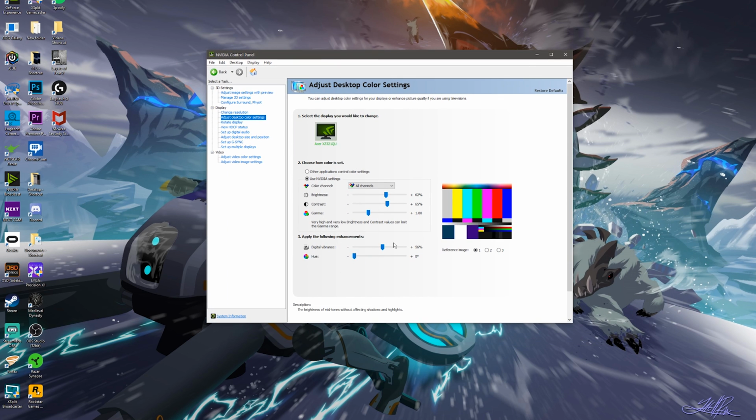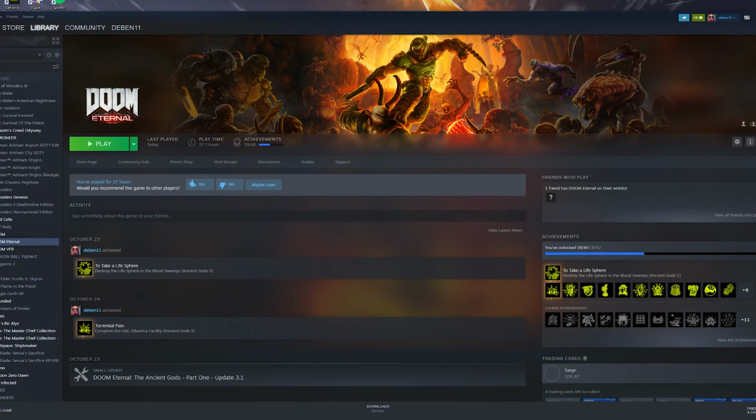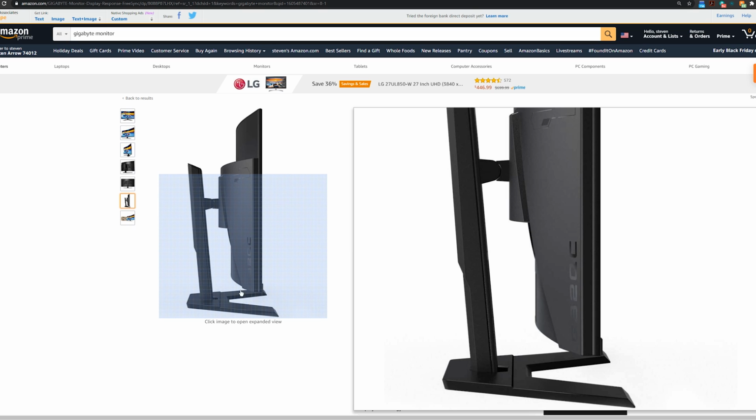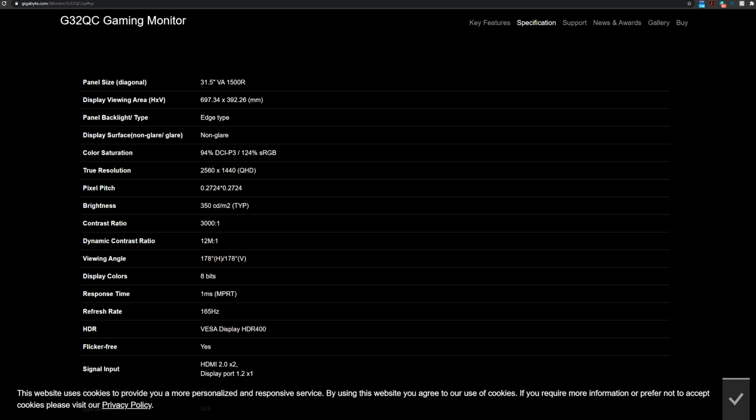Increasing digital vibrancy, changing my gamma, my contrast, my brightness, really getting this to the exact settings that I want, where even with the new consoles, as far as I know, you can't do it to that degree. So something else to keep in mind. If I'm going to choose between the two on that, I'm probably going to go potentially with the Gigabyte over the G5 on that one.